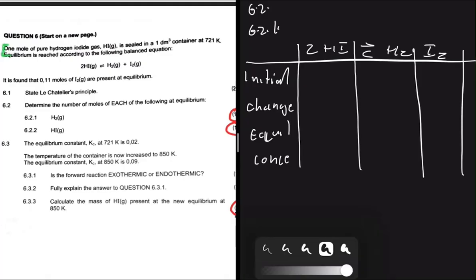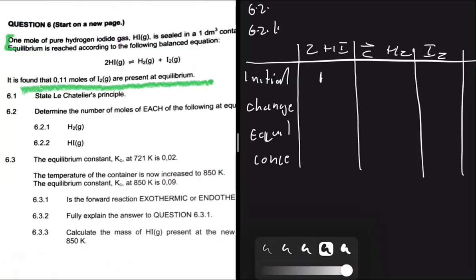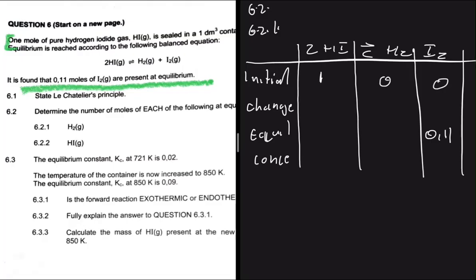It is said to be 1 mole, and then from there we're given the number of moles at equilibrium of I2, which is 0.11. Initially we didn't have any H2 or I2, right? So we had 0 and 0 here. So it means that the change of I2 is plus 0.1, right?